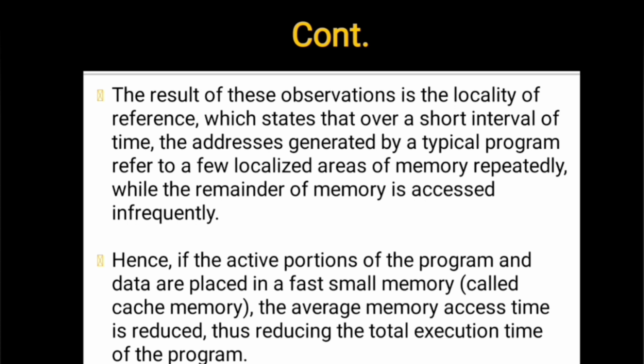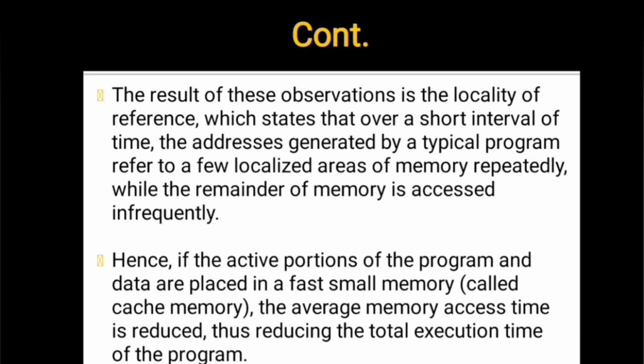So there are some portions of memory which are frequently accessed and some portions which are accessed very infrequently. Hence, if we place some active portions of the program or data in a fast, small-size memory called cache memory, then we can reduce the average memory access time, and thus it will help reduce the total execution time of the program.